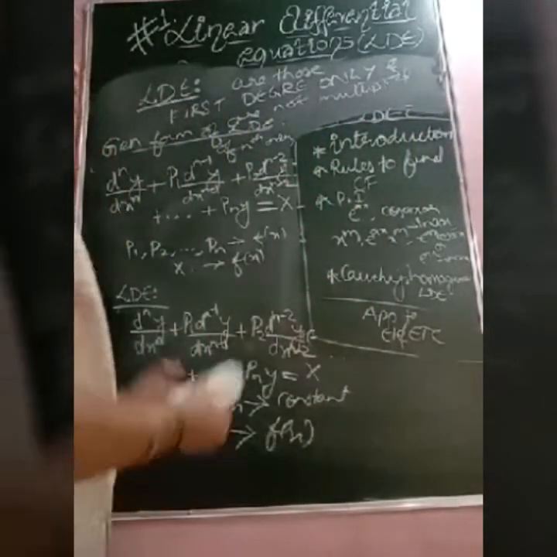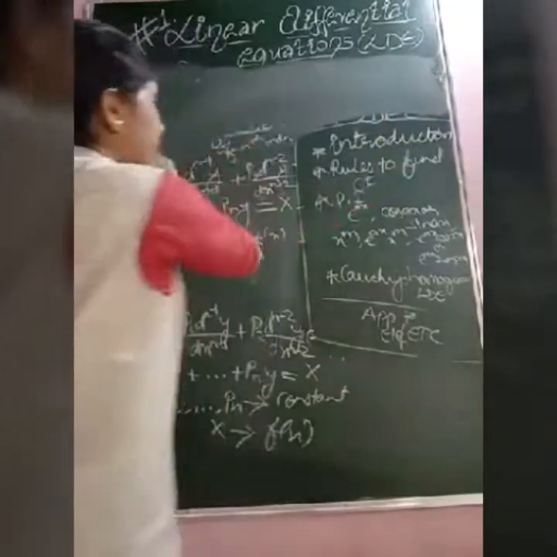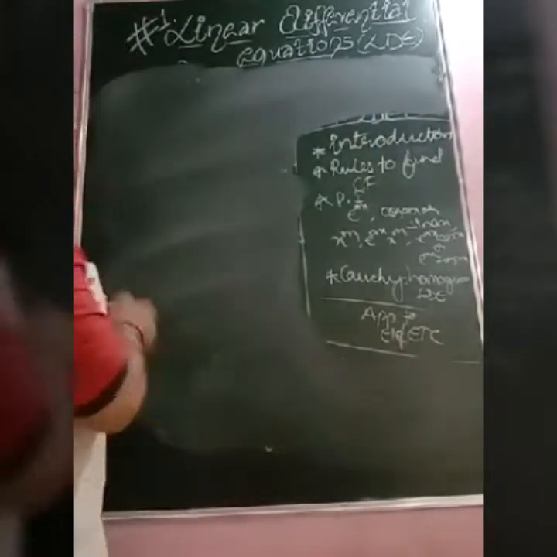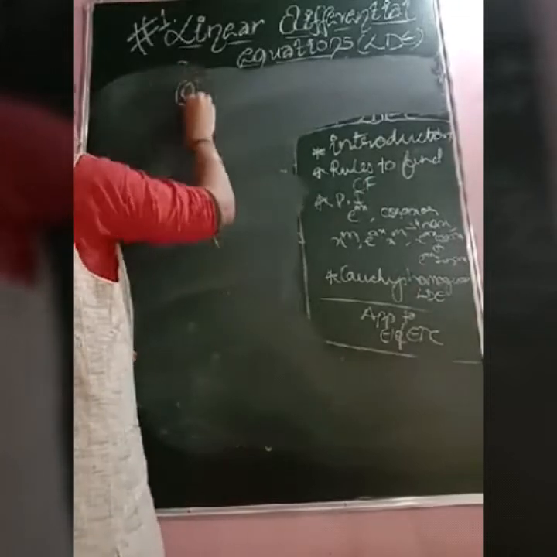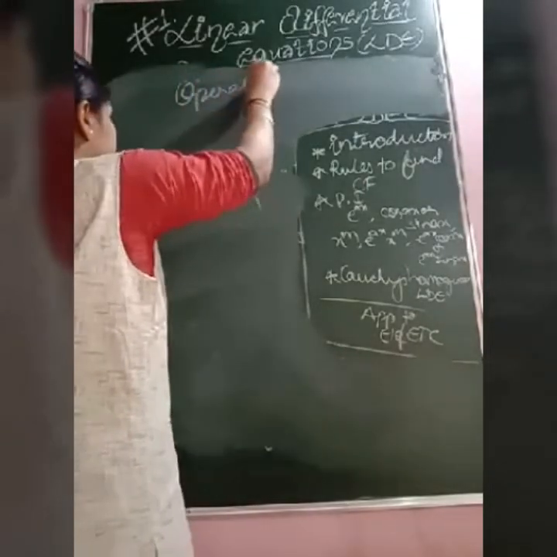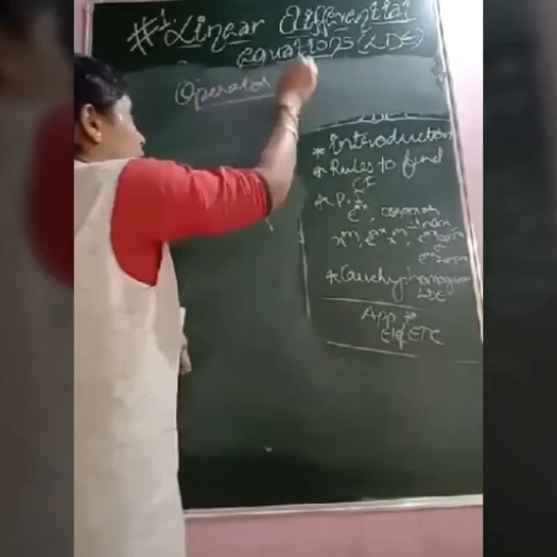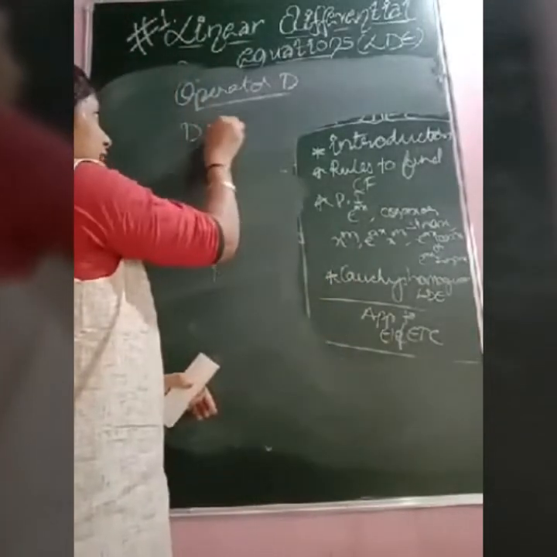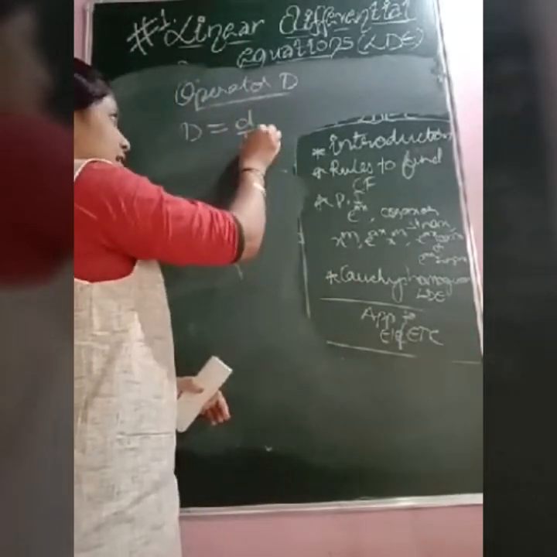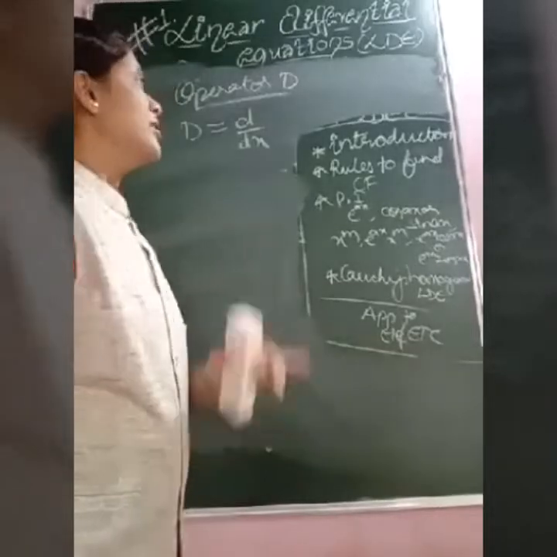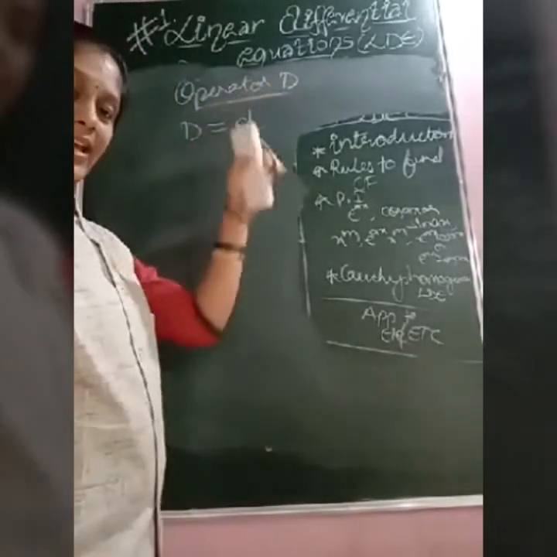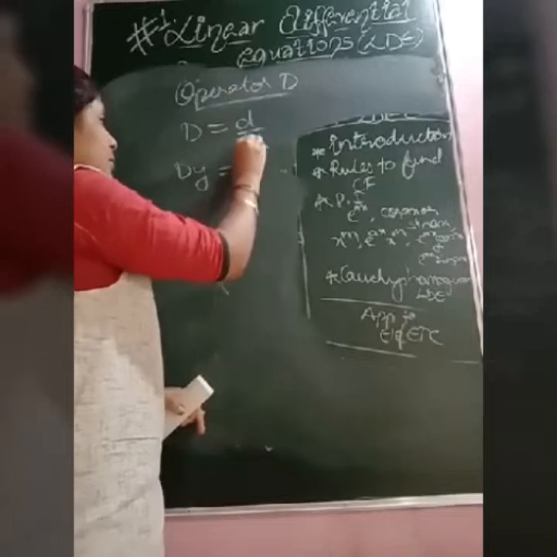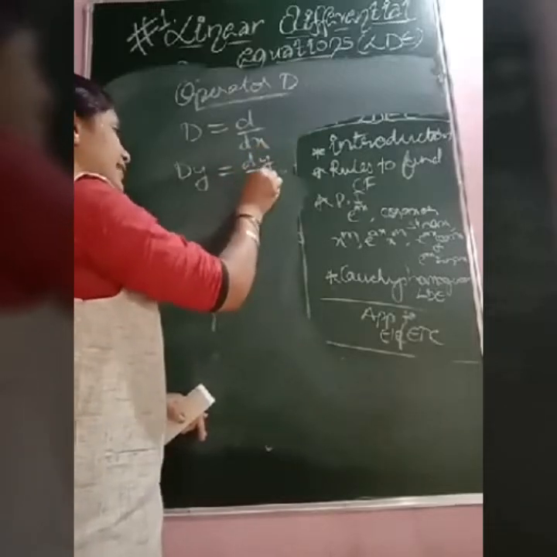Now let us see what is meant by operator D. As we already know, the operator D stands for d by dx, the differential operator. So what can you say about Dy? That is nothing but dy by dx.